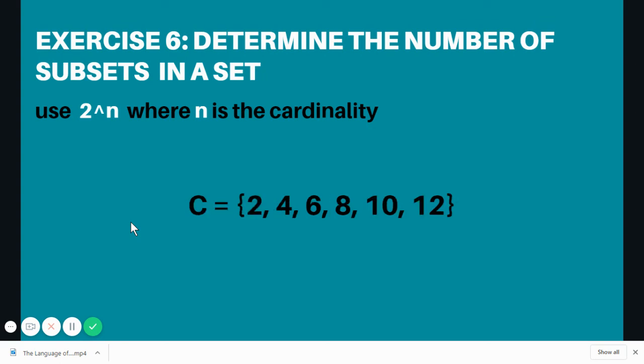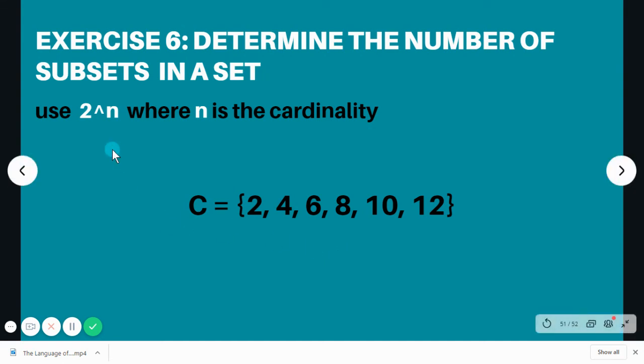Next, set C. So again, alamin natin ang cardinality ng set na ito. So when we say cardinality, ilan lahat ng elements ng isang set. So 1, 2, 3, 4, 5, 6. So there are 6 elements of a set. So ibig sabihin, the cardinality is 6.